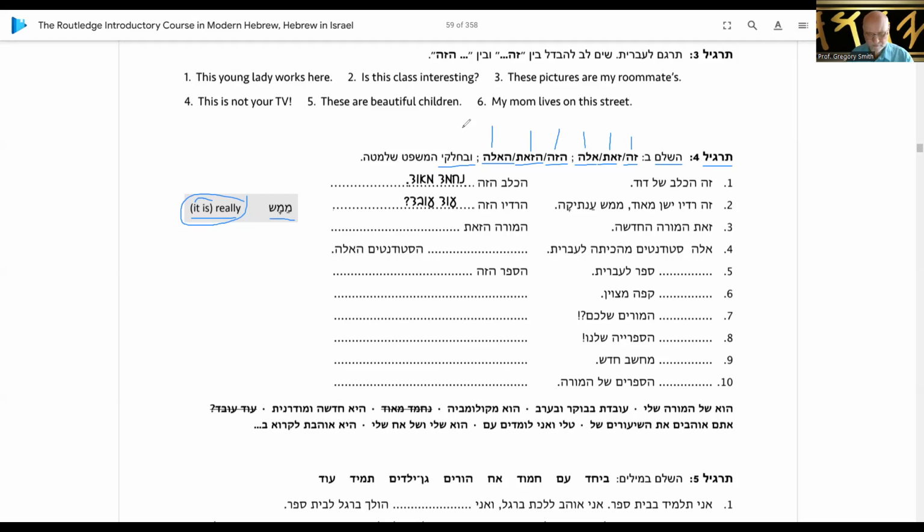Okay, no. What we need is, okay, and in my part. ובחלקי. Ubeheke. Okay, and then mishpat, a mishpat. And in the parts of the sentence, hamishpat, okay. Shel mita.